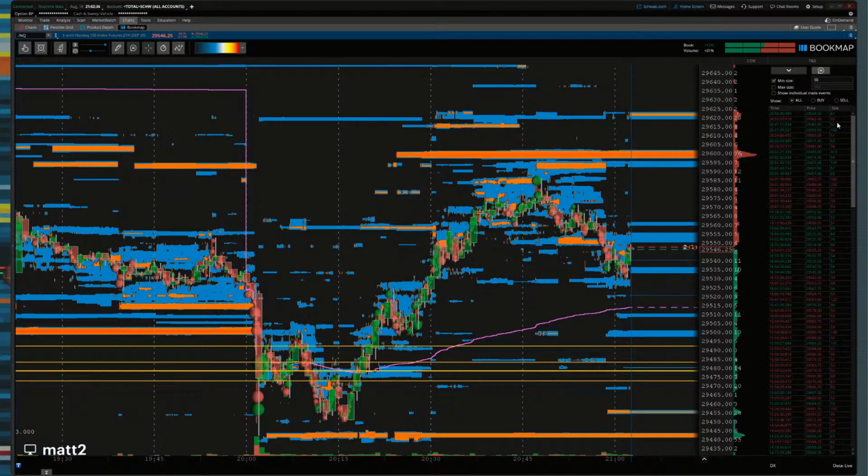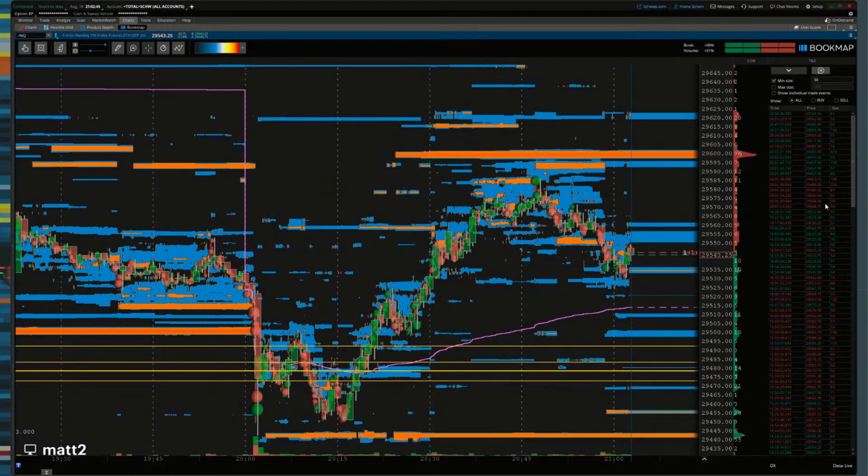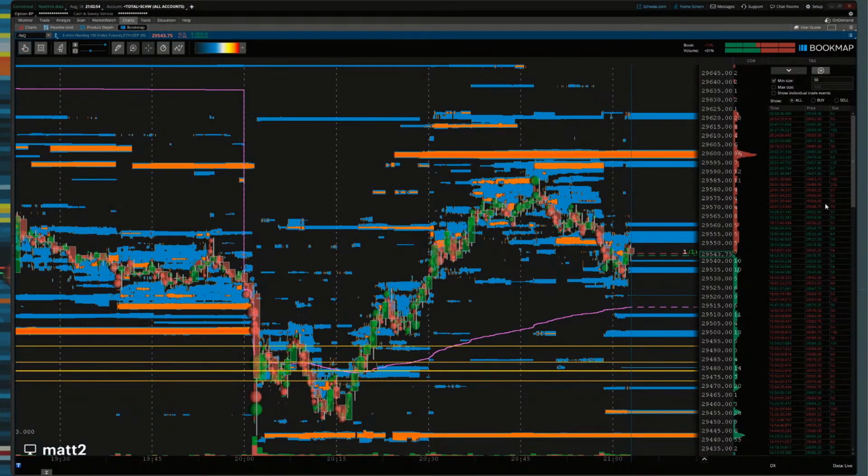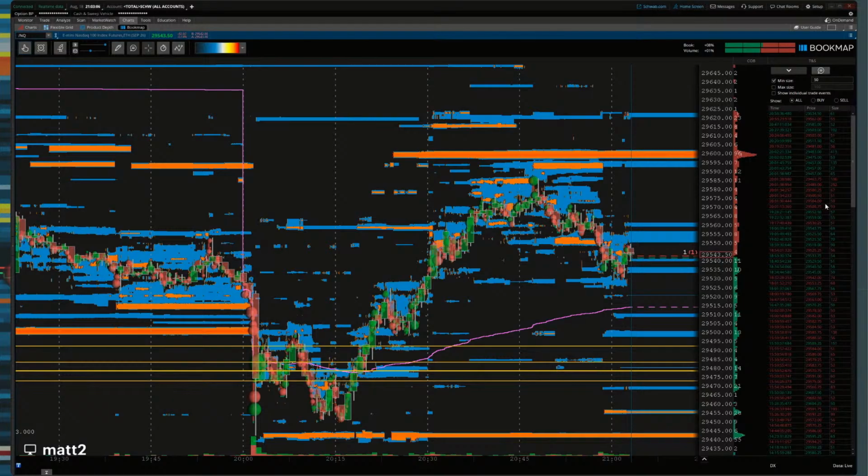I think their smart tracker for the DOM is a little more advanced than Bookmap's. I know it's quote unquote technically the same thing, but I've noticed differences and I've put them side by side. Thinkorswim's is better. And I believe it's just cheaper, meaning you don't have to pay for additional data. So if you have Thinkorswim, just get it through Thinkorswim. It's $40 a month or something like that. They take it right out of your account. You don't even see it and you don't even sweat it. And you have it right when you sign into whatever portfolio you have.